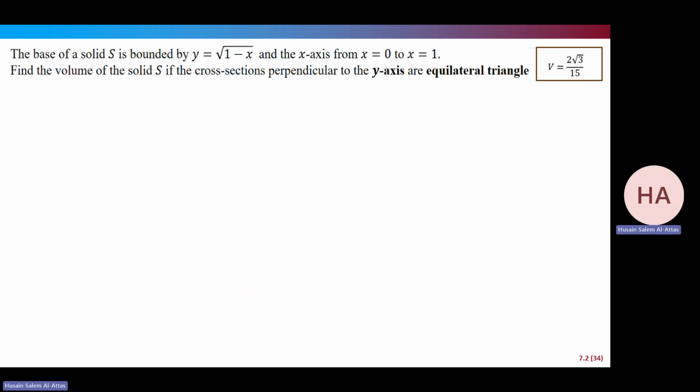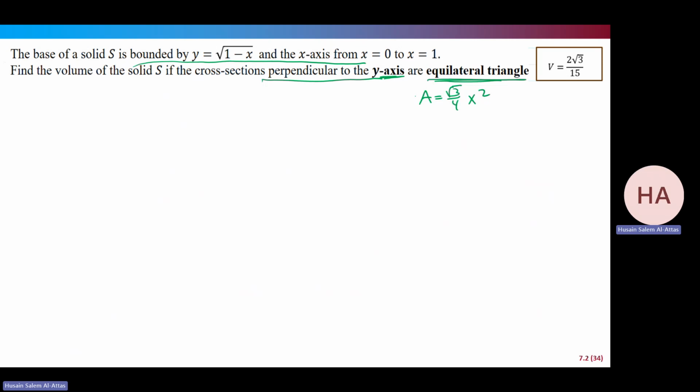Okay. Now have the cross sections perpendicular to the y-axis, and I need equilateral triangles. Don't forget, the area is square root 3 over 4 times x squared, where x is the base. This is the base, bounded by this.